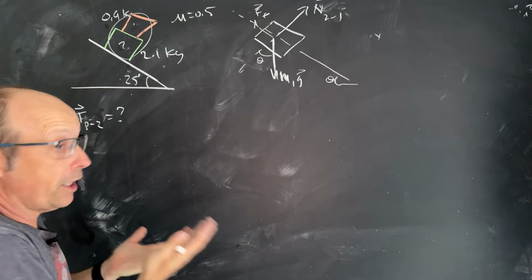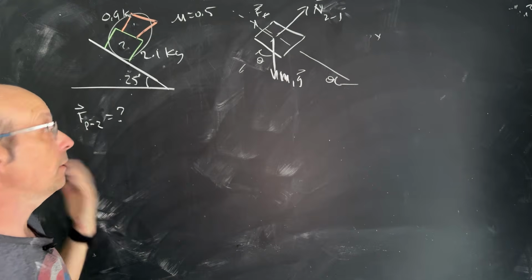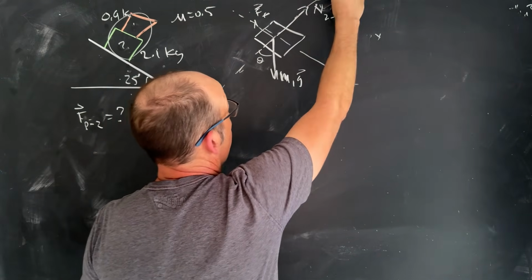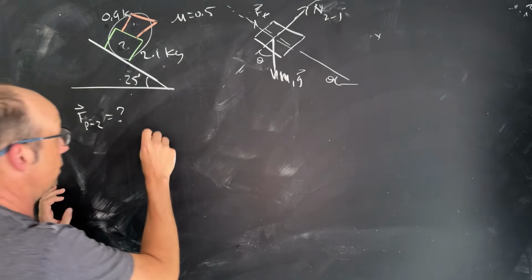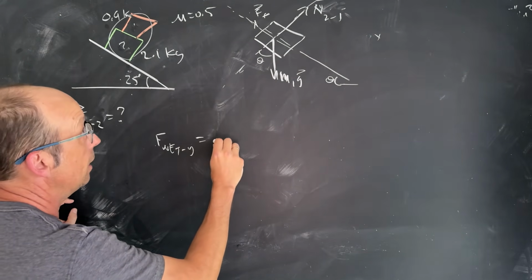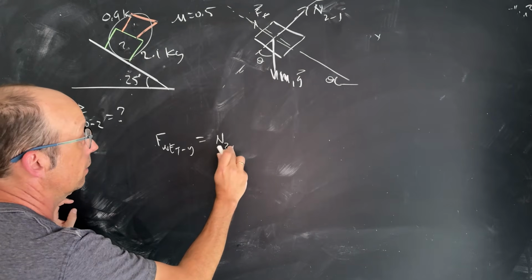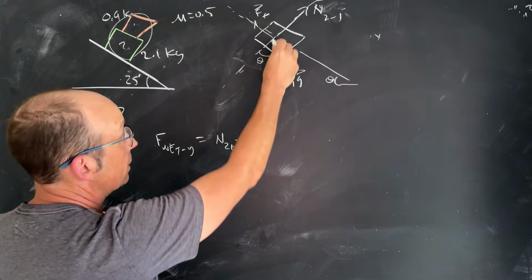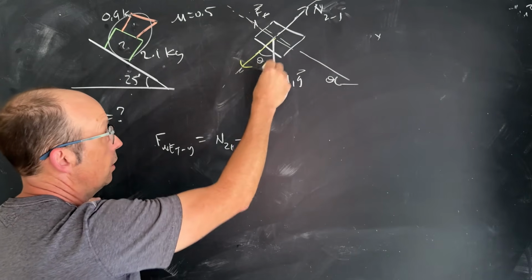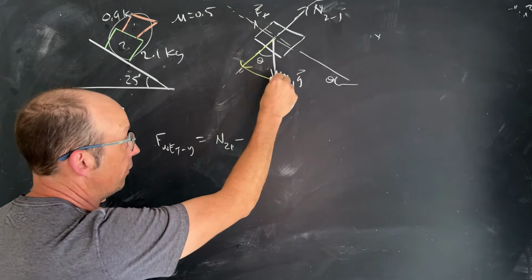So if I want to find that friction force, let's do it. Let's call this the y direction and this the x direction. So F net y is going to be N 2 on 1, minus this component of the gravitational force, which is the adjacent side of this right triangle.